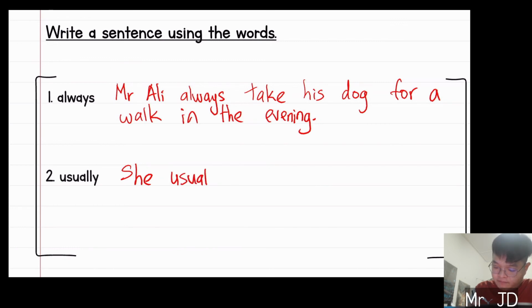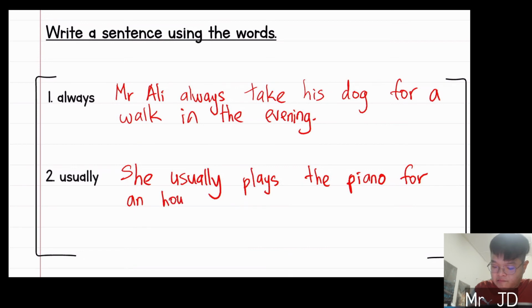What does she usually do? Let's say she usually plays the piano. How long does she play the piano for? For an hour. Alright, so usually she plays the piano for an hour.